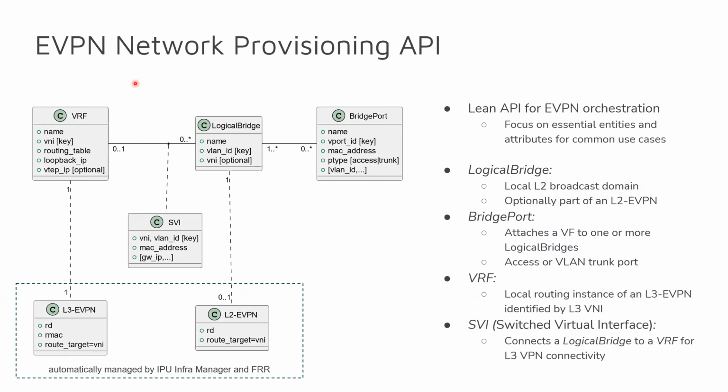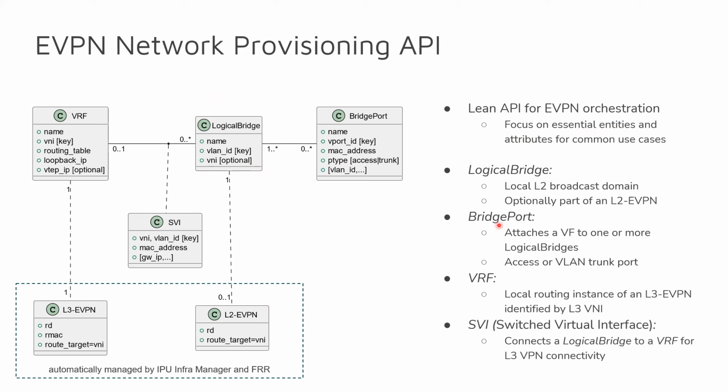Looking at the API, it's a very lean API for EVPN tenant networking orchestration. It really focuses on the essential entities and attributes for the most common use case that we see. And it has only 4 objects. It has the logical bridge, which represents the local L2 broadcast domain that is exposed to tenants through the CNI. And it can optionally be part of an L2 EVPN in the WAN, but we are not making use of that in this POC currently.